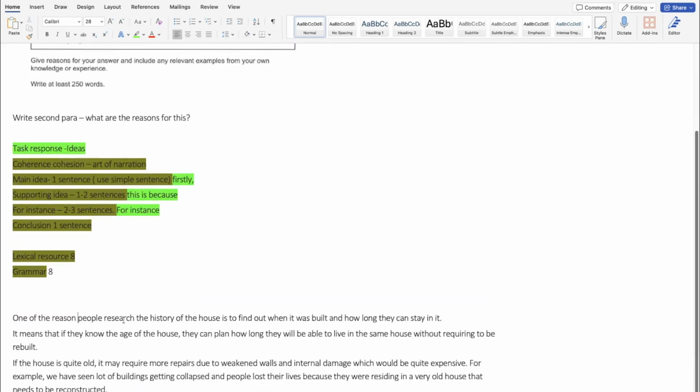One of the wrong reasons why people search. Very good idea. Nice supporting idea. See, guys, she's done supporting idea clear correctly. Continue.